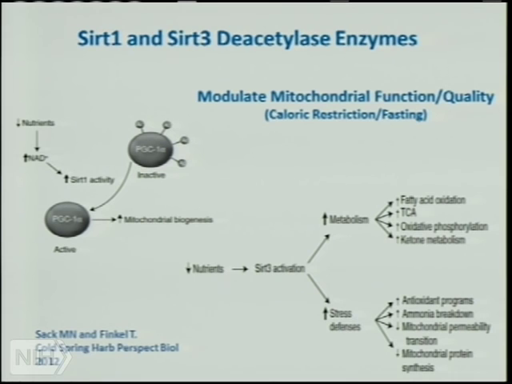And SIRT3, in low nutrient states such as caloric restriction or fasting, can affect many different pathways to either increase metabolism, but also increase stress defenses. Antioxidant programs that activate MnSOD, promotes ammonia breakdown, reduces mitochondrial permeability transition, potentially decreases protein synthesis, and even is suggested, albeit indirectly, to play a role in promoting mitophagy.